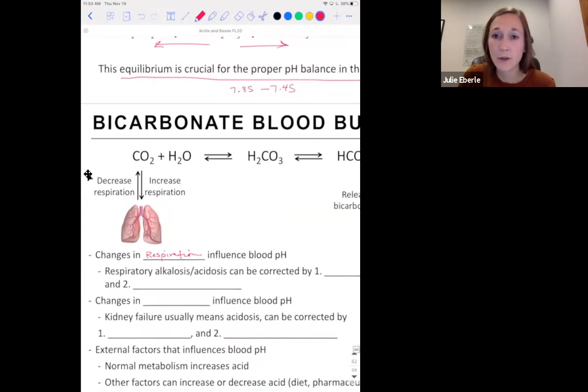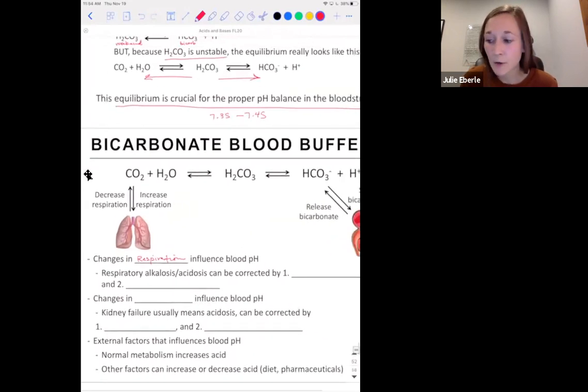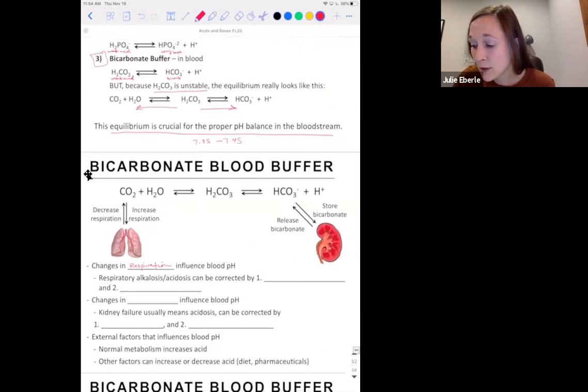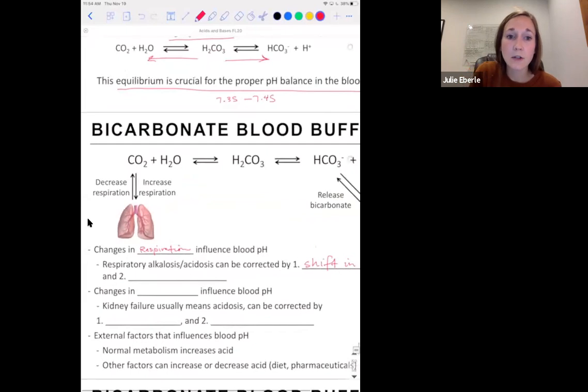You can have 2 different conditions: respiratory alkalosis, meaning a basic blood pH a little bit too high, or respiratory acidosis, blood pH is a little bit too low. And those can both be corrected by a shift in equilibrium. And it can also be helped from kidney function.